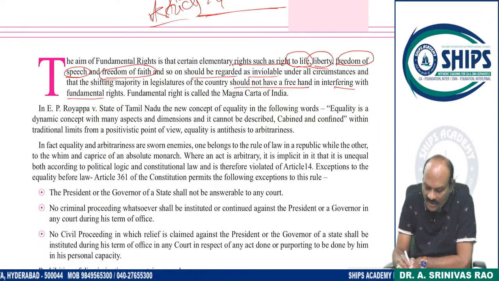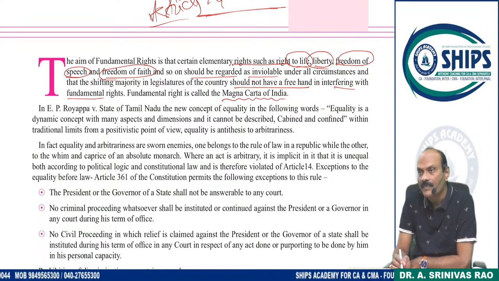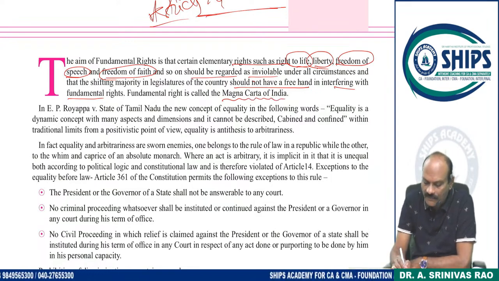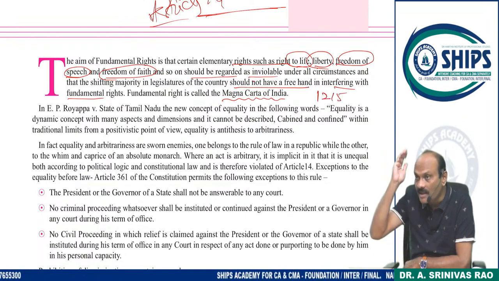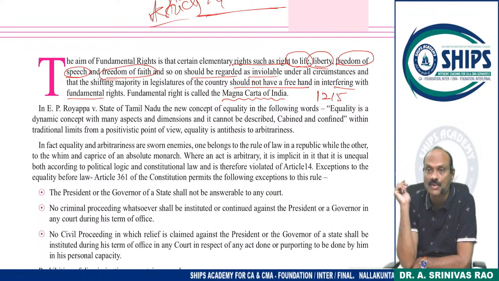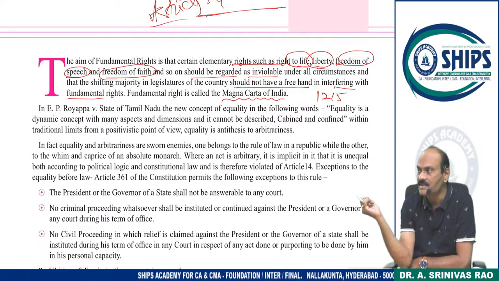Fundamental rights are also called the Magna Carta of India. Magna Carta came into force in England in 1215, and in 1215 only they made the rules there. From the individual's point of view, in India they have taken these privileges.